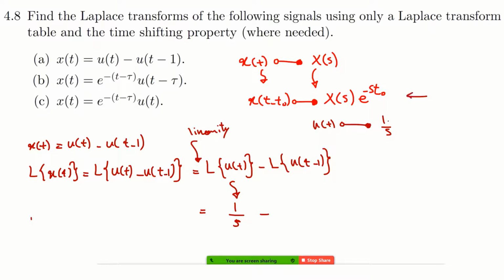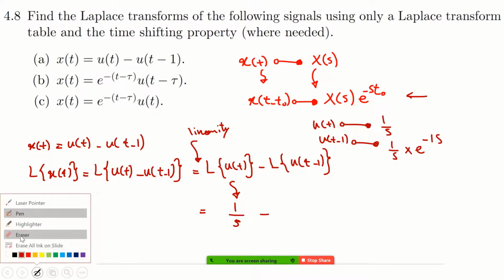Okay, so check this, and that means for u(t minus 1), the Laplace transform is X(s), which is 1 over s, times e to the power of minus s times t0, which is s times 1.